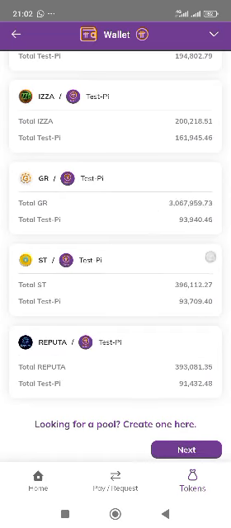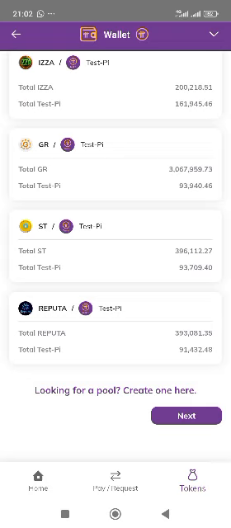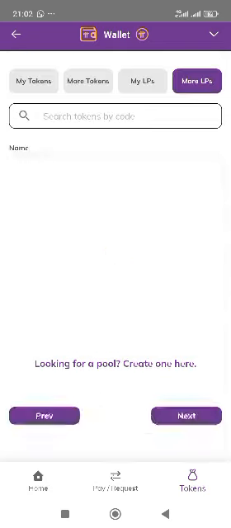Even if there is a coin or a pair of coins on the blockchain that you like and you cannot find under more liquidity, you can create it yourself. You can see they wrote looking for a pool or create one here. You can create. Let's click next.